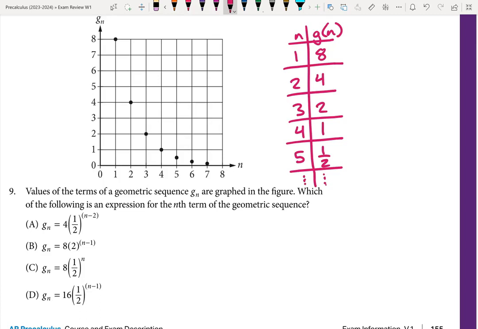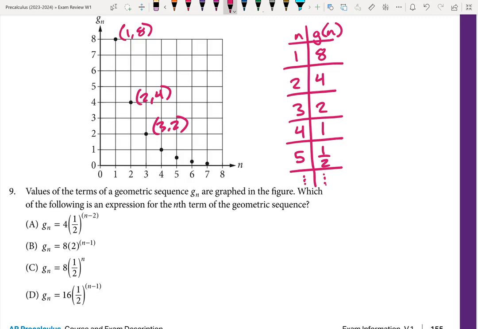All right, you've had some time to think about it. So I went ahead and wrote out the table of values here. You could have written them just as points. You could have said, okay, this is 1, 8, this is 2, 4, 3, 2, and so forth all the way down. This is a geometric sequence.